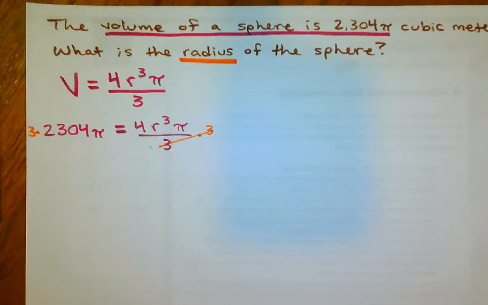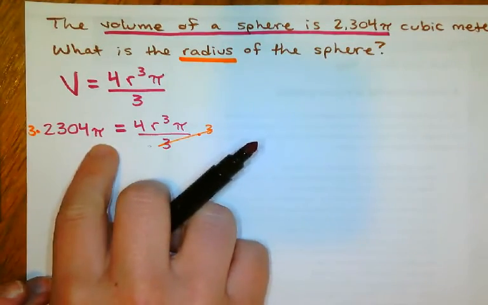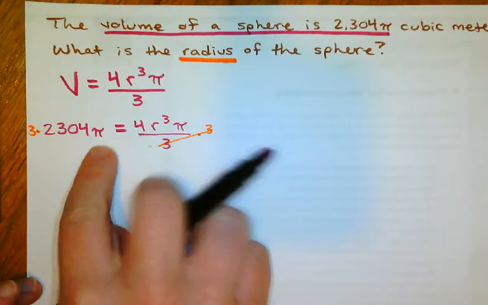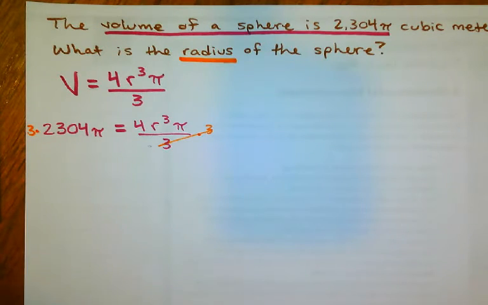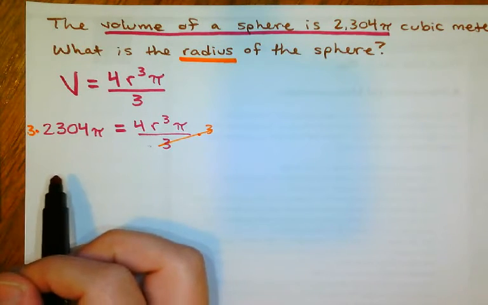Alright, so when I multiply by 3, I'm not going to plug pi into my calculator. Right now, I'm just going to act like pi is an x, and I'm not going to plug it in with my other numbers. So I'm only taking 3 times 2,304. I'm not going to include pi in this calculation right now.